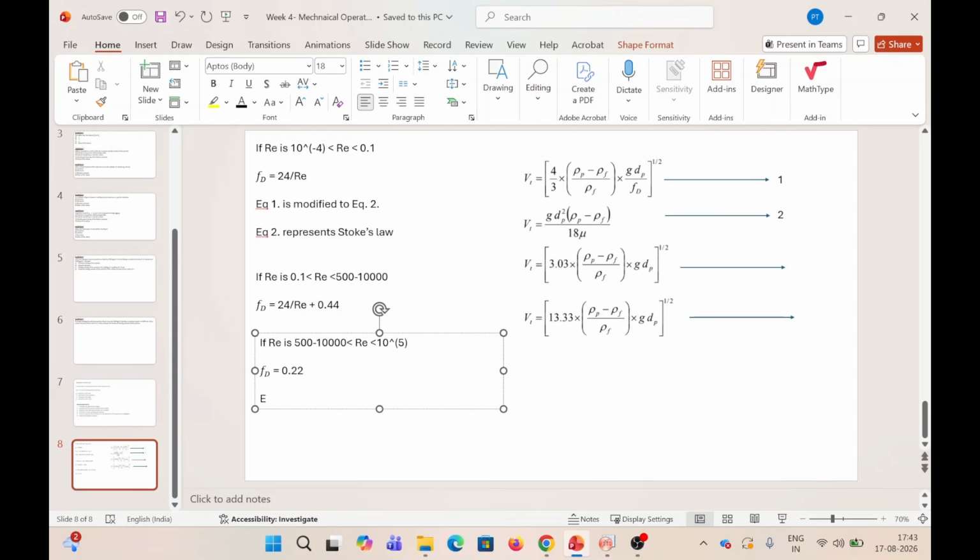Then equation 1 is modified to equation 3, and this is called Newton's law.